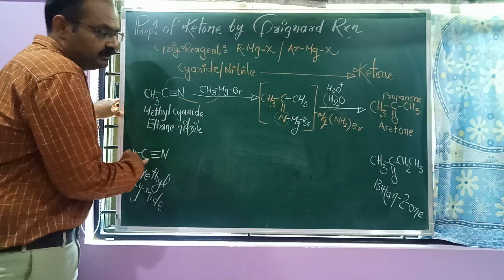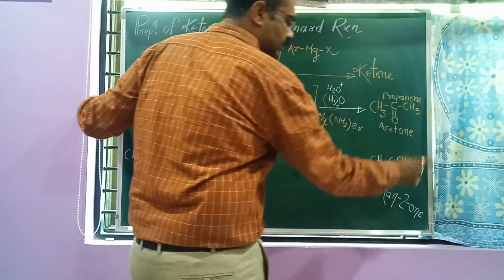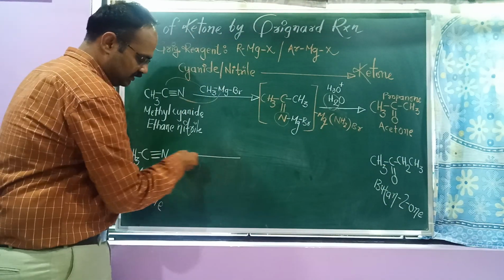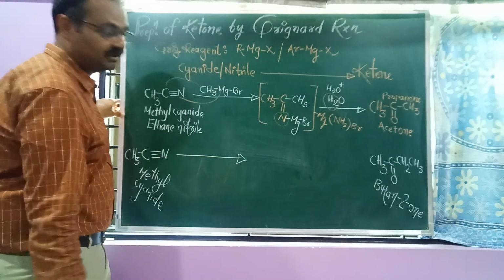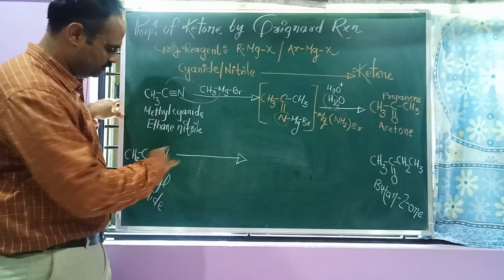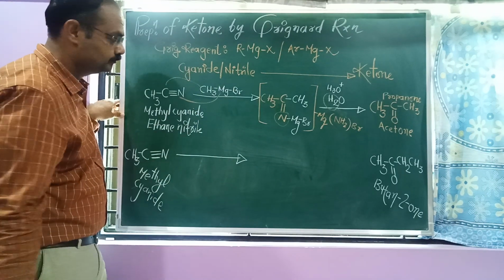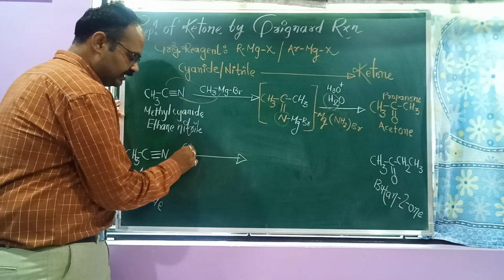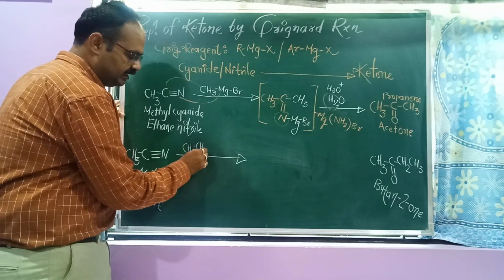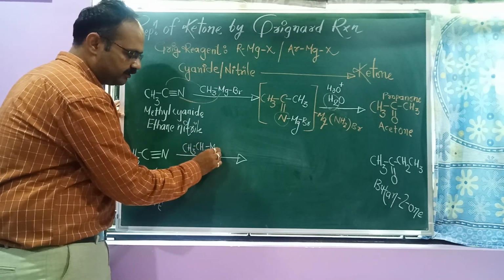2 carbon here, we have 4 carbon in final product. That means our Grignard reagent must contain 2 carbon because 2 plus 2 equal to 4. So I will select Grignard reagent ethyl magnesium halide, bromide or chloride.